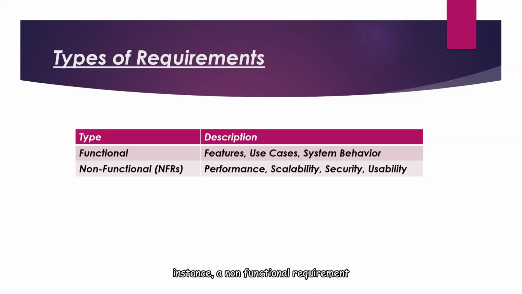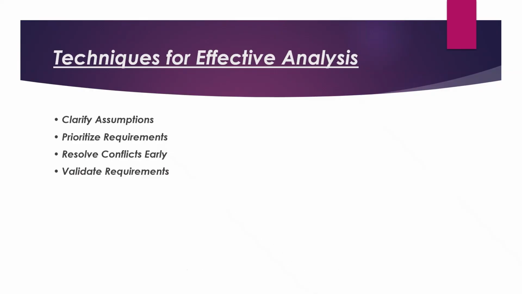For instance, a non-functional requirement might be something like the system must handle 10,000 transactions per minute without downtime. These non-functional requirements are just as important as functional ones because they ensure the system runs effectively, efficiently, and securely under real-world conditions.